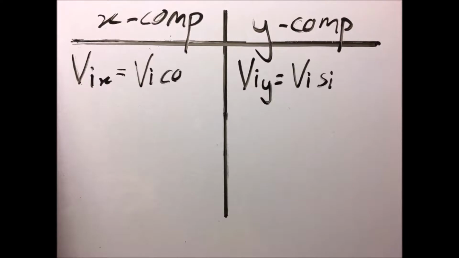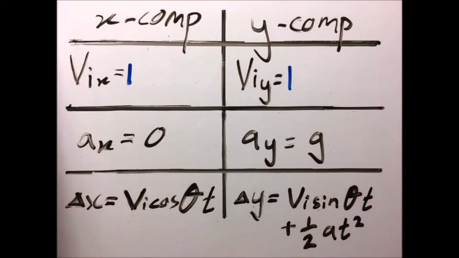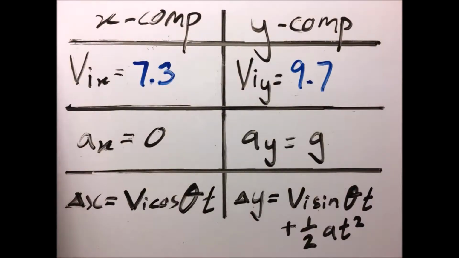Here we derive a table dividing both the x component and the y component into 3 subcategories of velocity, acceleration, and displacement. We then sub in the following values.